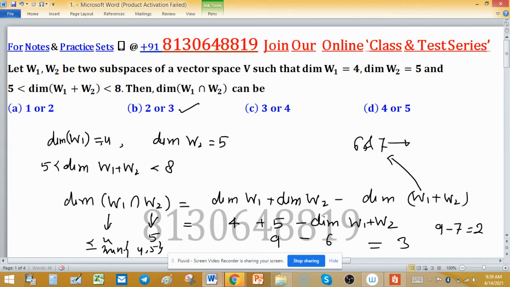You can understand this because the dimension of the intersection will be less than or equal to 4 and 5. Using this fact we can eliminate option D directly, because a dimension of 5 is not possible for the intersection here. So option D is discarded, and the correct option is B.